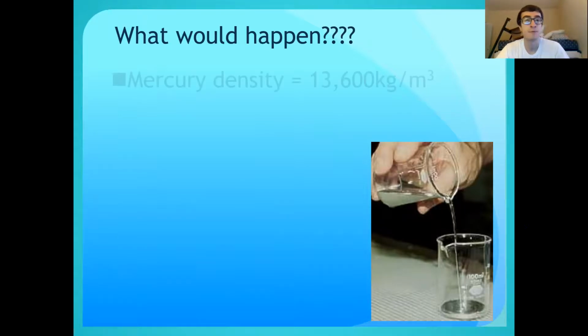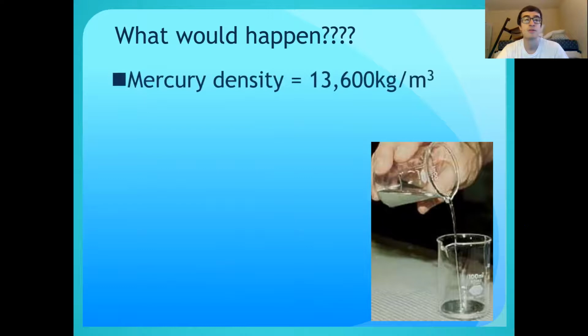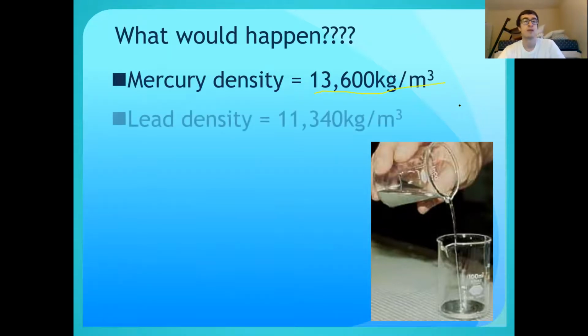So what would happen if we had mercury, which has a pretty high density, 13,600 kilograms per meter cubed, and we have some lead, another very dense object that has 11,340 kilograms per meter cubed density. If we mix these 2 materials together, what would happen to them?